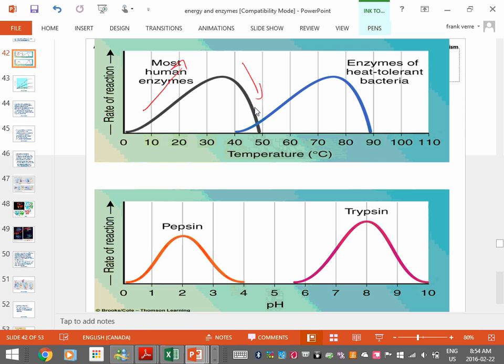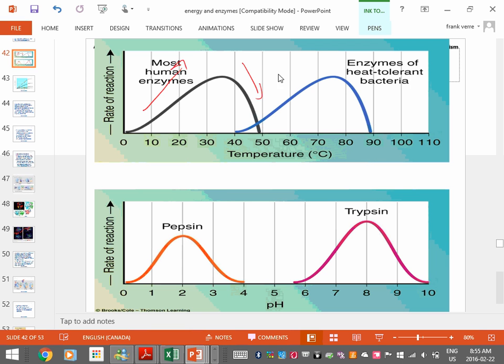Okay, very good. And then what happens is when it gets too hot for the enzyme, which is probably going to be a protein, the rate goes down because the enzyme starts to unravel a little bit. Its protein shape starts to change because the heat starts to affect the bonds in the protein.